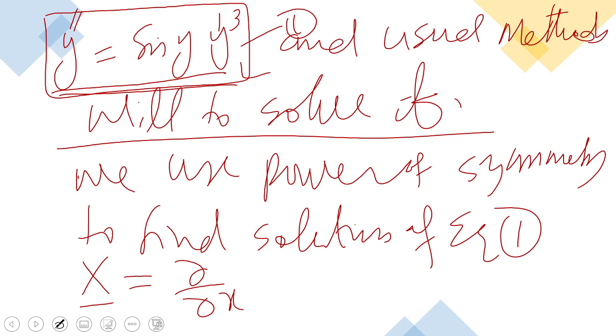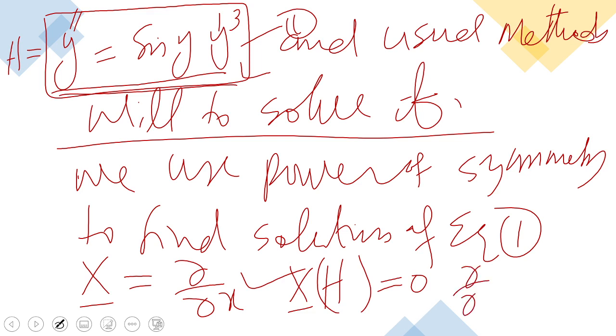The given differential equation is invariant, and when I operate this operator, you can easily show that. Let me name it, this is my H. So when I operate X on H, it will give me 0, and you clearly see that partial by partial x of y double dash minus sine y dash cube is 0.